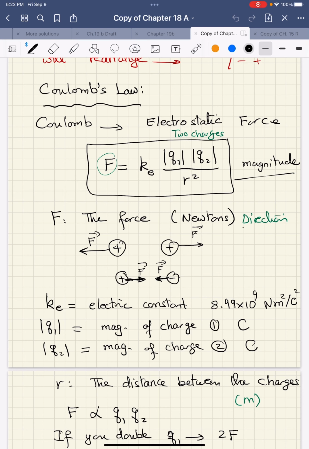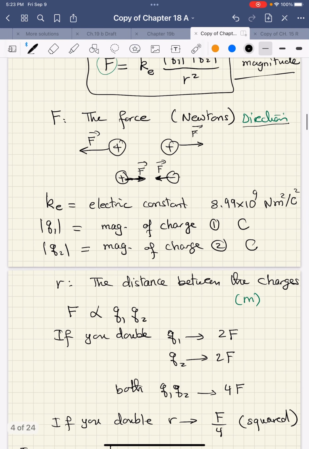Its direction can be determined based on the signs: if they are both positive or both negative, they're going to repel each other. If they are positive and negative, then they're going to attract each other. K electric is the electric constant, and its value is 8.99 times 10 to the 9 Newton meters squared divided by coulombs squared.